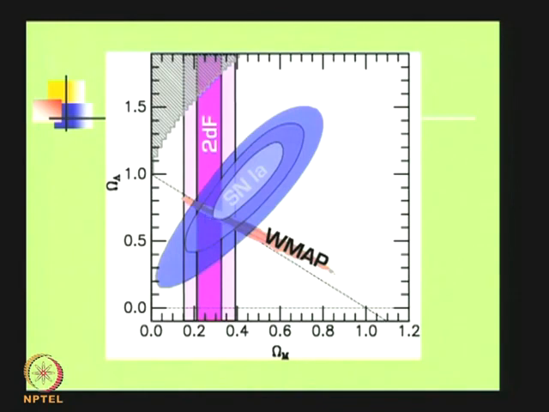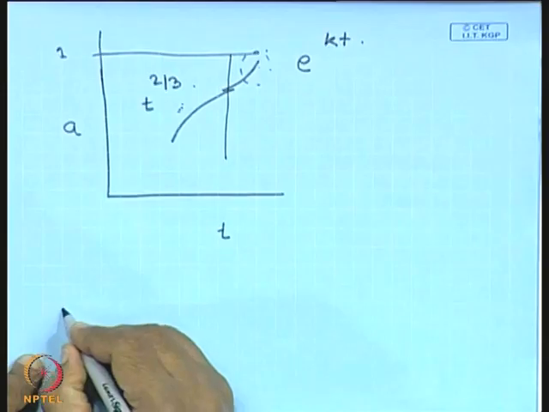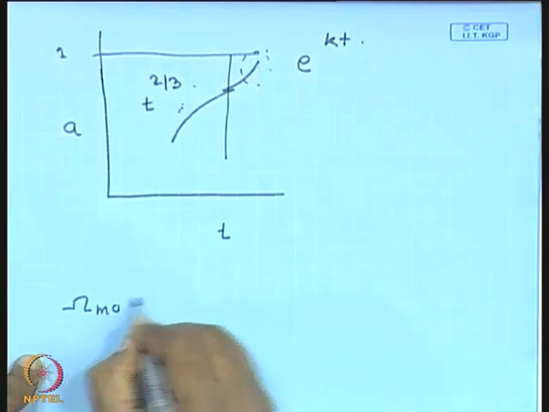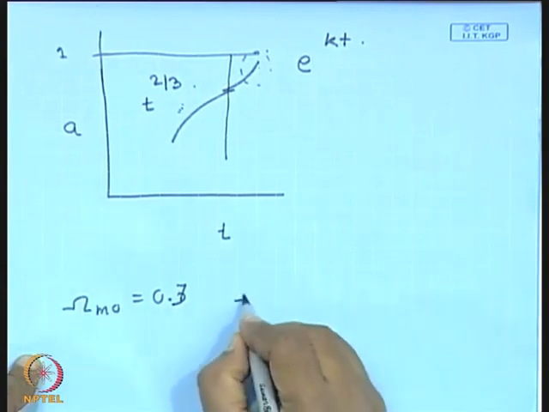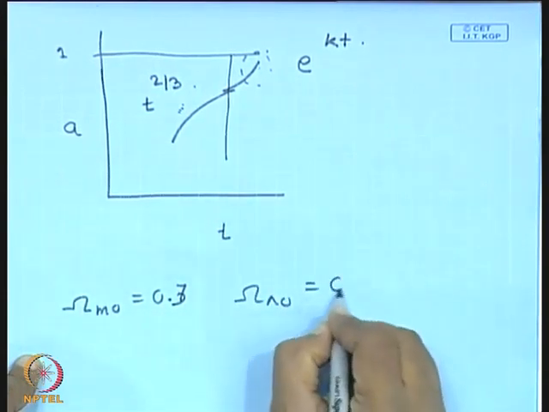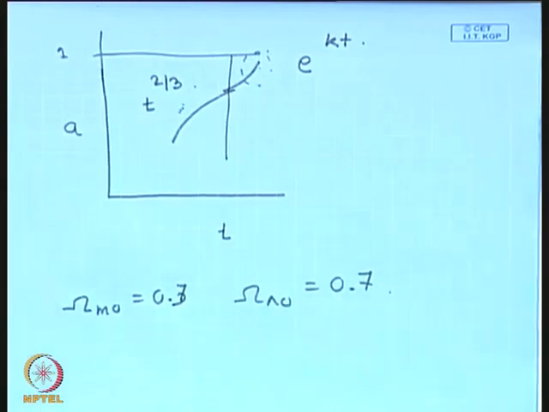The model that we choose should be consistent with all three kinds of observations, so it has to lie somewhere over here, which is around omega matter 0.3 and omega lambda 0.7. Okay, which you see is where all of these three things overlap.